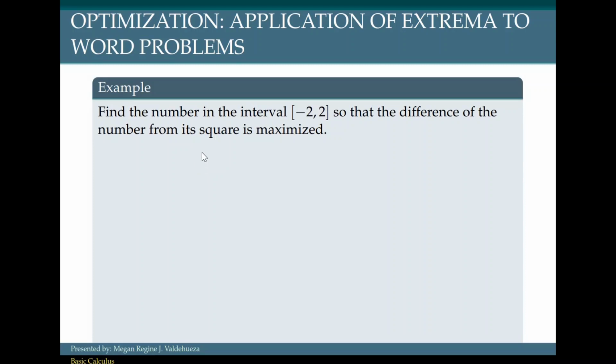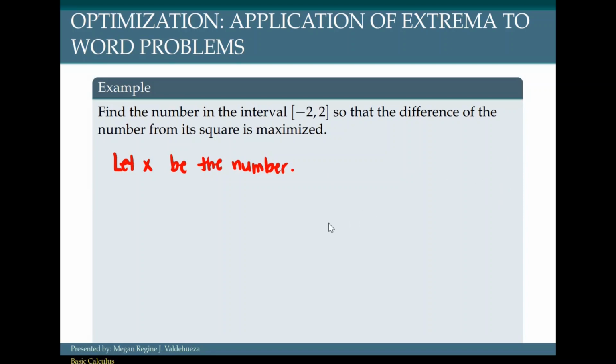Step 2, we assign variables to all unknown quantities involved. Since we are asked to find a number, we let x be the number. So x here is any number that is in the interval -2 to +2.